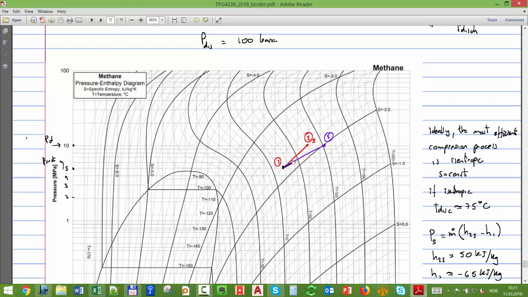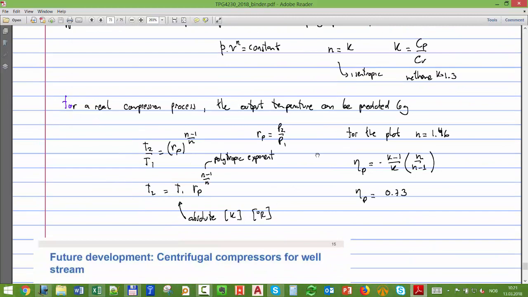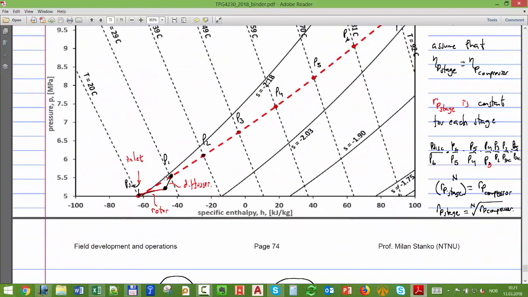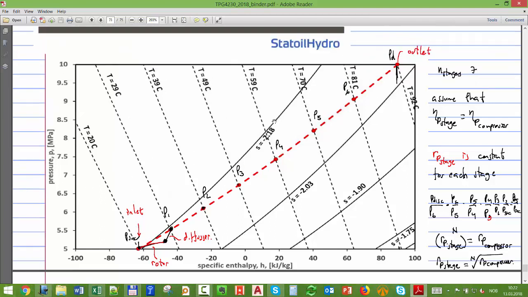Basically, we approximate the real compression process with a polytropic one. Even though we know it's not polytropic, we know it does something strange, right? But we assume that we have a polytropic process in which we go from the inlet conditions, inlet pressure, inlet temperature, all the way to the outlet conditions. Okay?